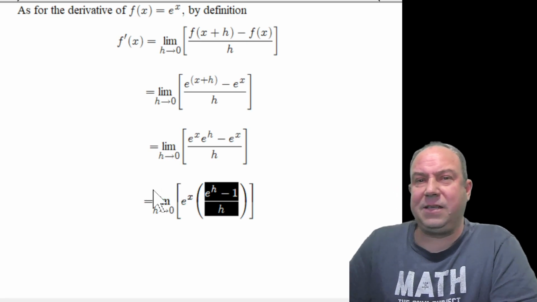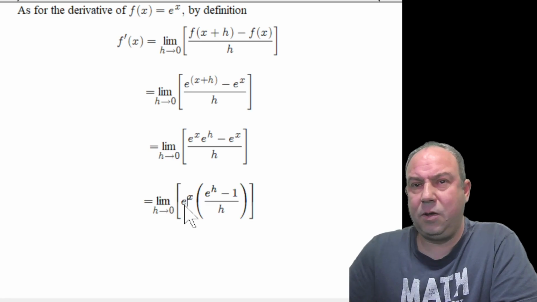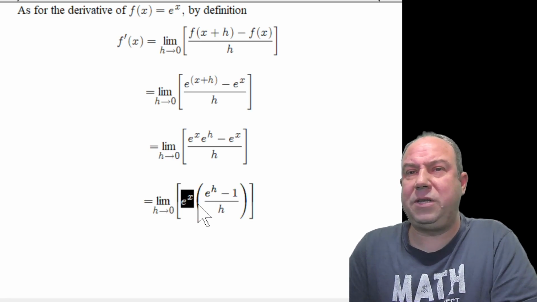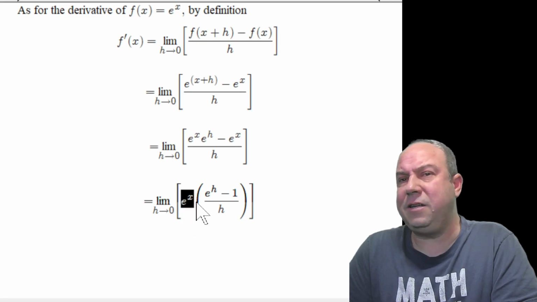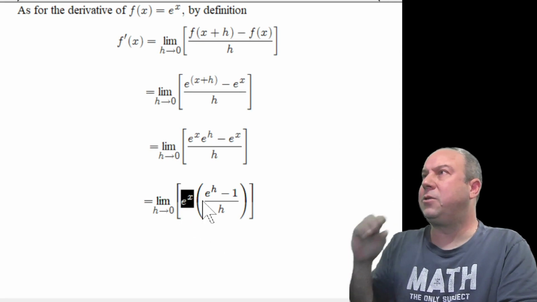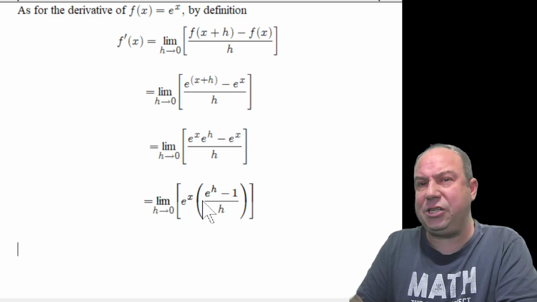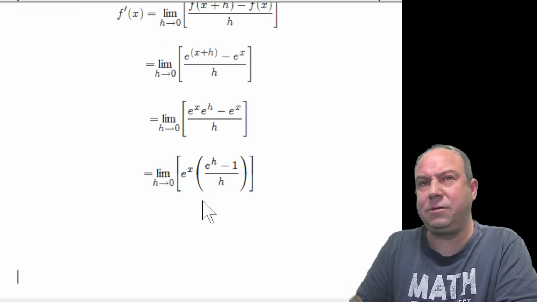Now, when this limit goes to evaluate this group, this e to the x can be thought of as a constant multiple. It doesn't involve h, so it is constant with respect to h changing and heading to 0.